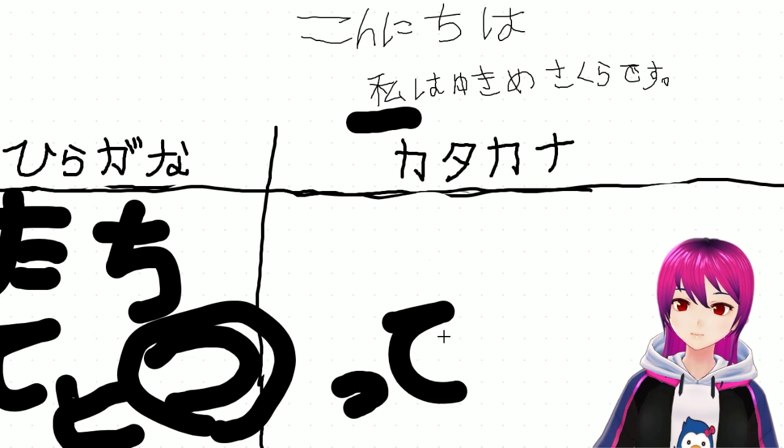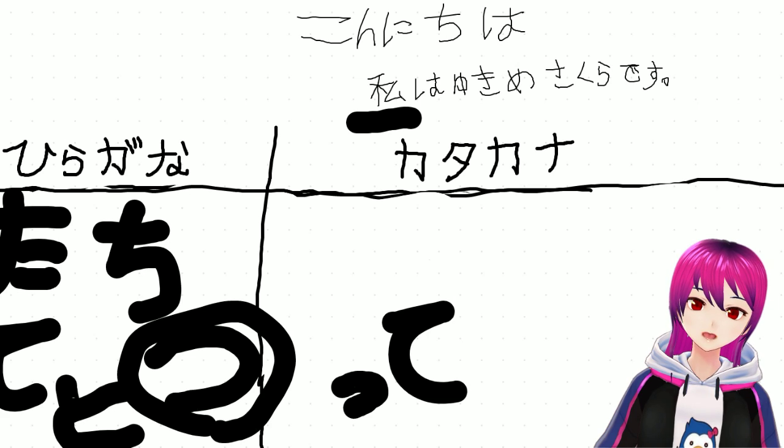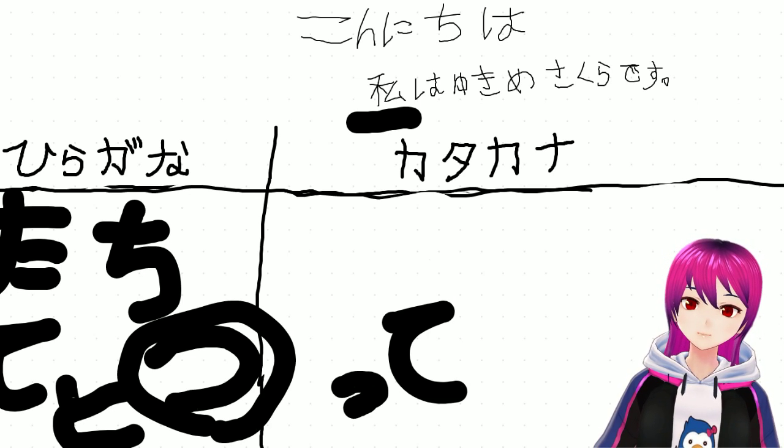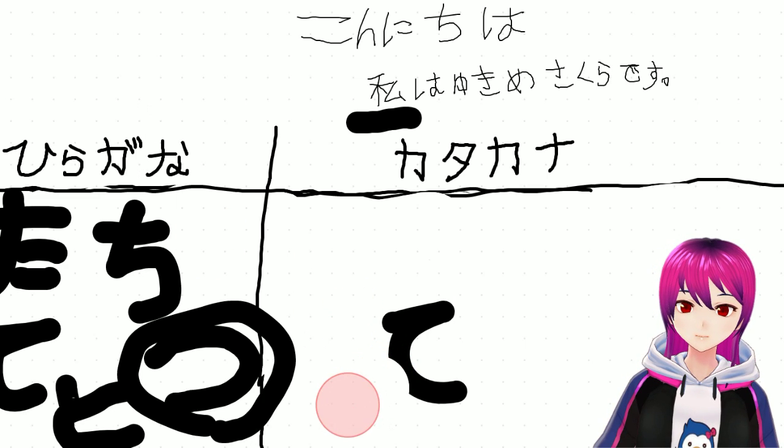We'll have two T's, and you pause for a longer period of time on te when you see a tsu. Remember, tsu is slow.